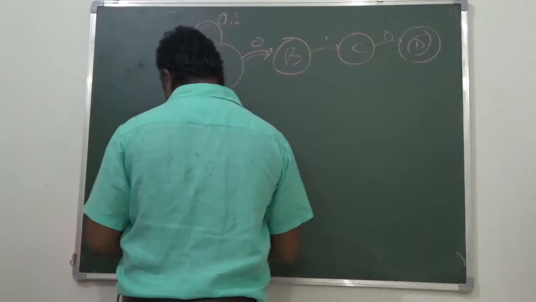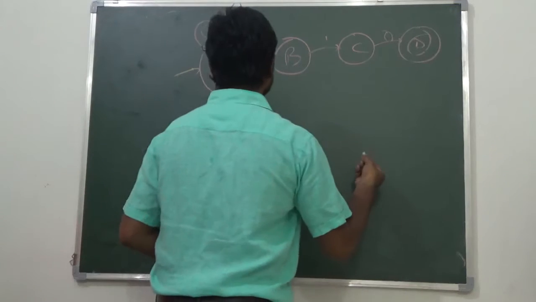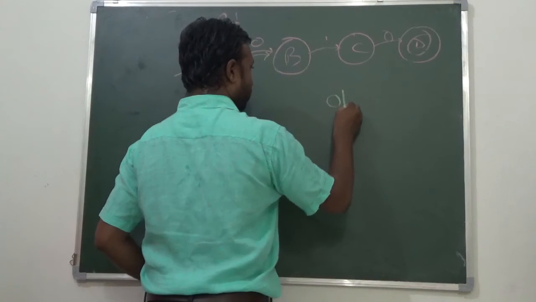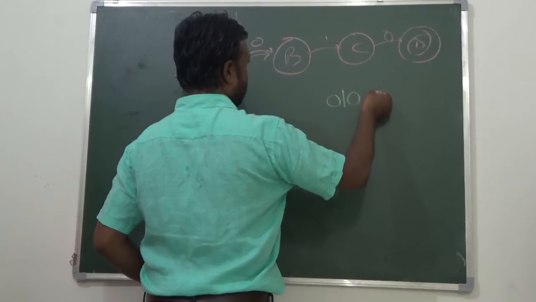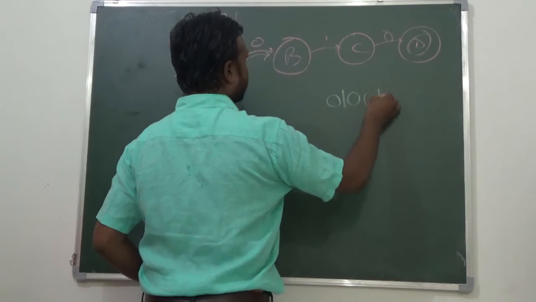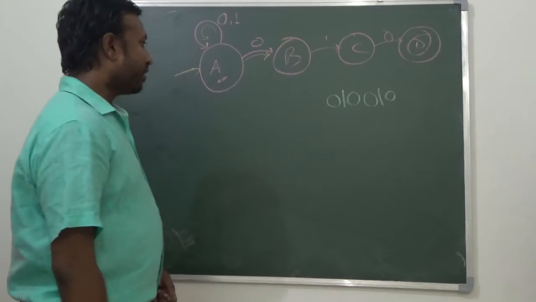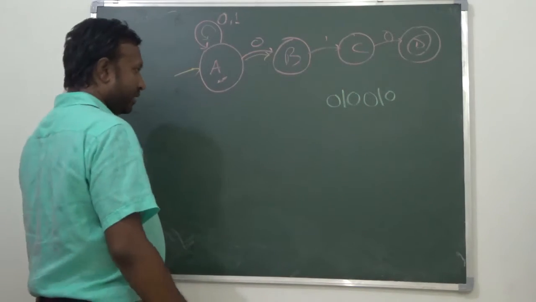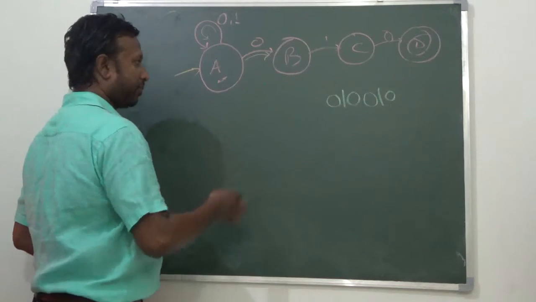So let's take the input like 0 1 0 0 1 0. So let's think about this input and let's see how the machine is going to compute this.